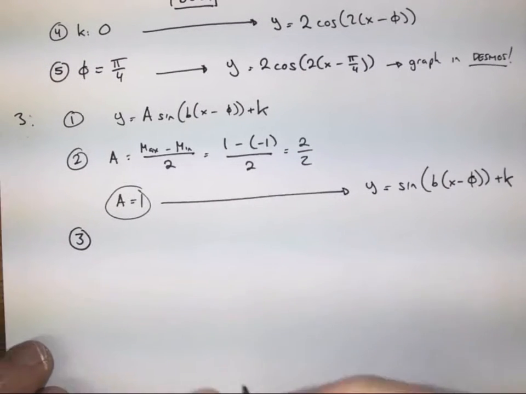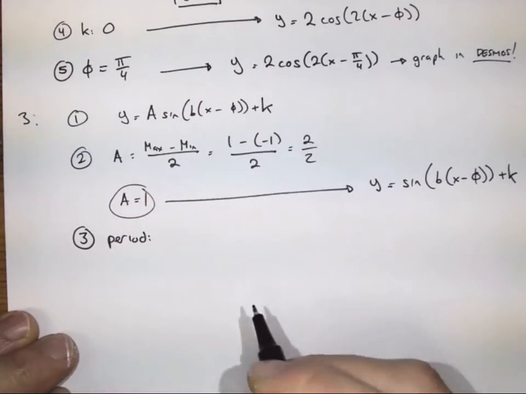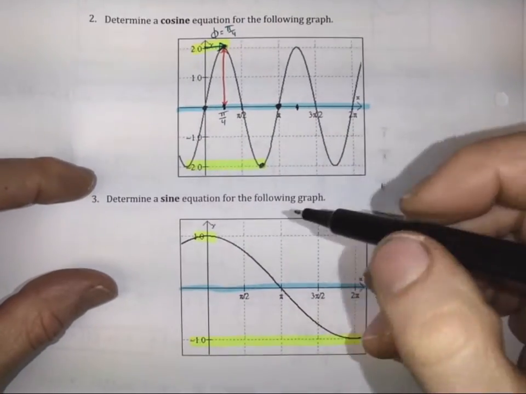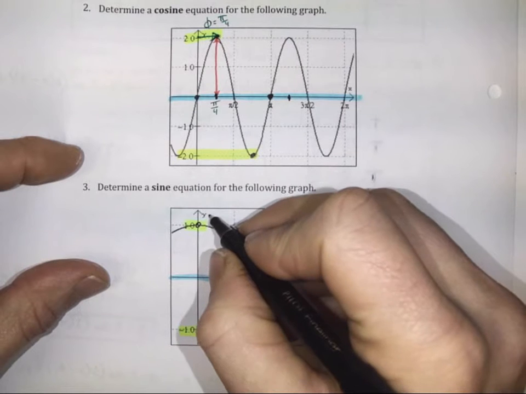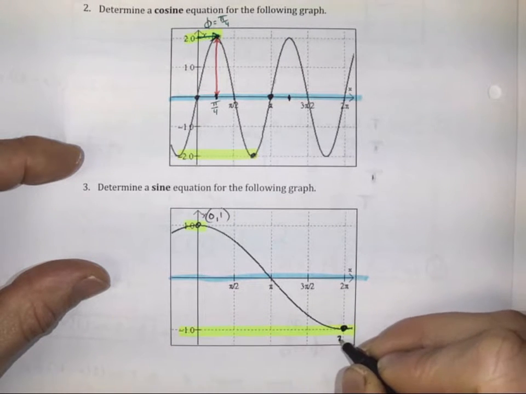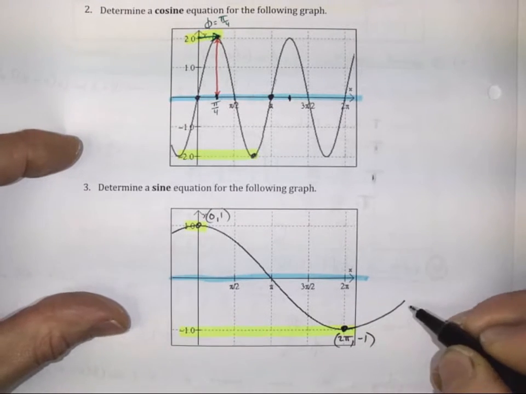So next, we usually find the period. So we could look peak to peak. However, this graph does not give us a peak. It shows that we start at a peak at (0, 1), and then we have this trough at (2 pi, -1). So the question is, where are we going to reach that peak again?